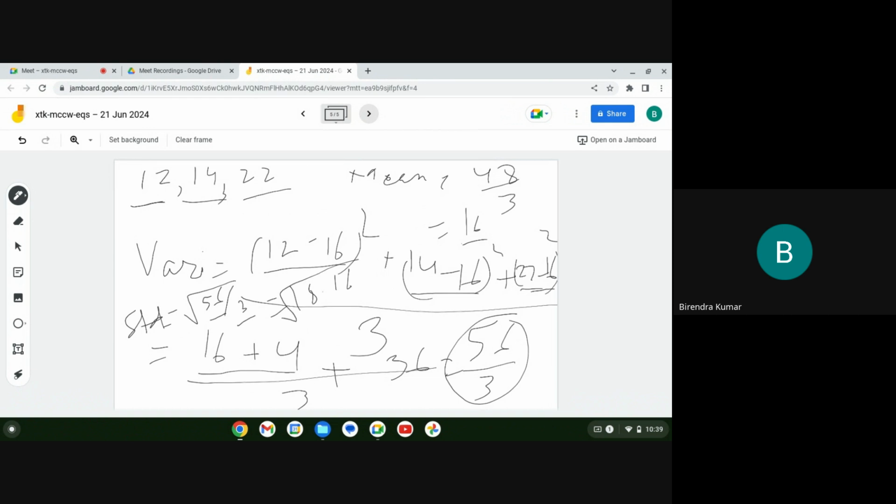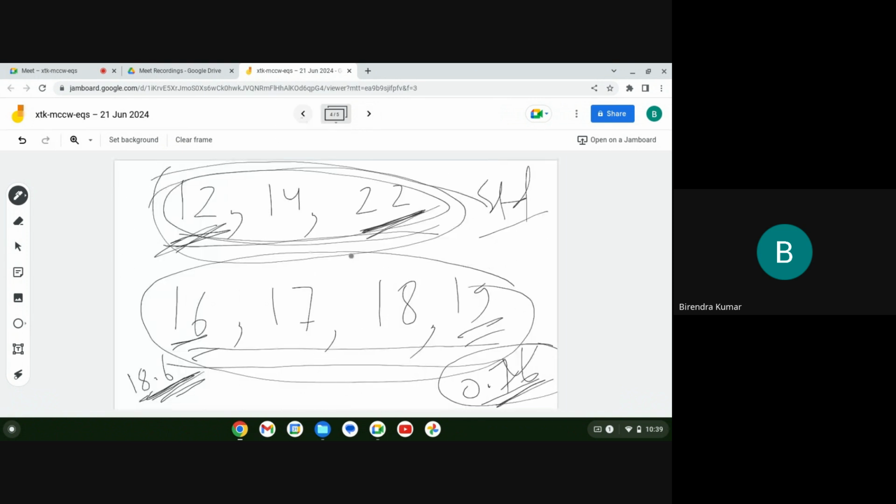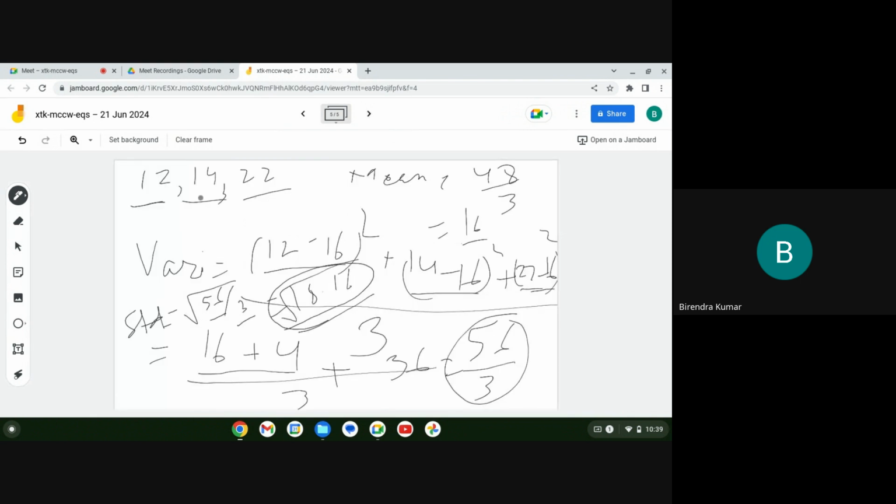Square root of this. So third, you probably got the variance, not the standard deviation. Once you get the square root of this, it will be somewhere around 4 point something. So the 18.6 that you got was nothing but the variance, unless I have done something wrong here. Mean is 16; 12 minus 16 square, 14 minus 16 square, 22 minus 16 square, by 3. 16 plus 4 plus 36, 56.